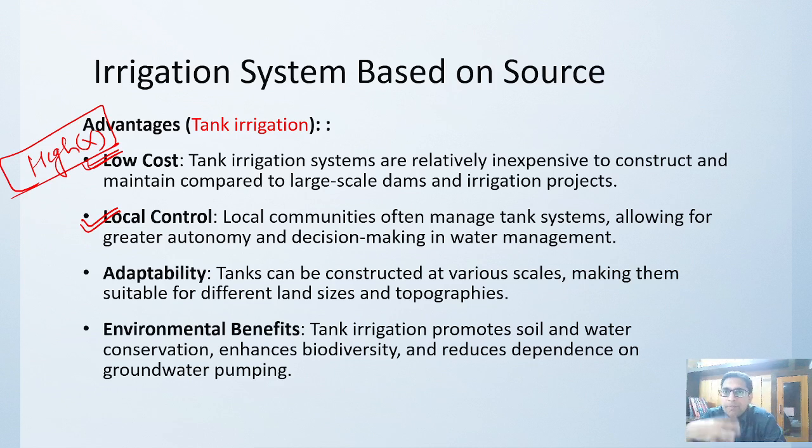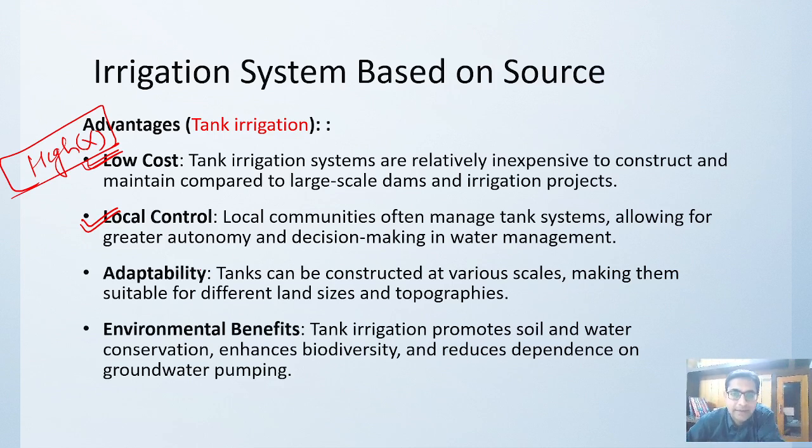You are not dependent on somebody else, like shall we use, can I use that water or not, and when we can use. Because in the canal, only whenever the water is released can you utilize it, right? Only whenever the dams are open can you utilize the water. But in the tank system, it is your personal tank. Whether you utilize it or not is up to you.